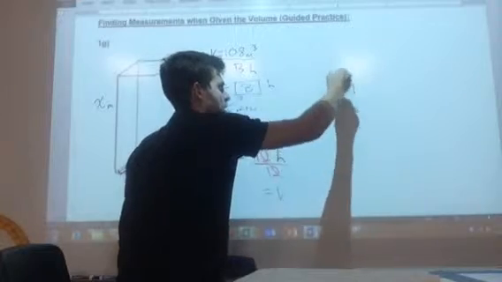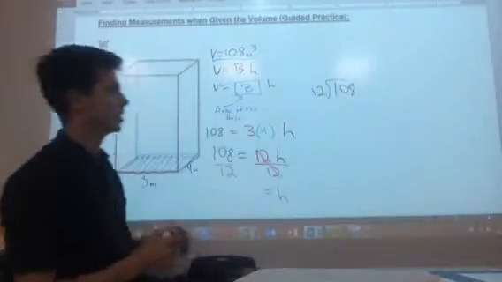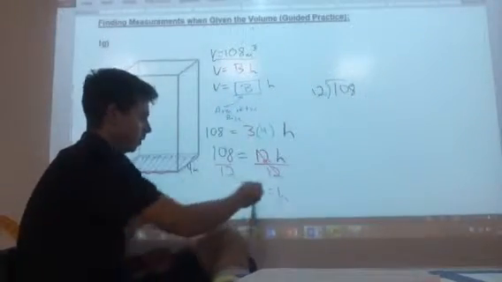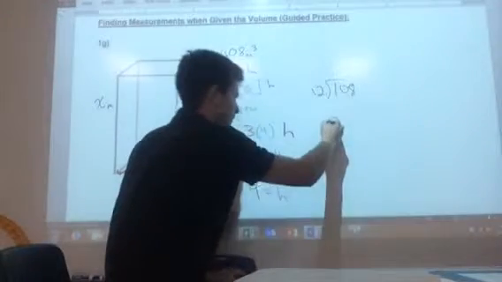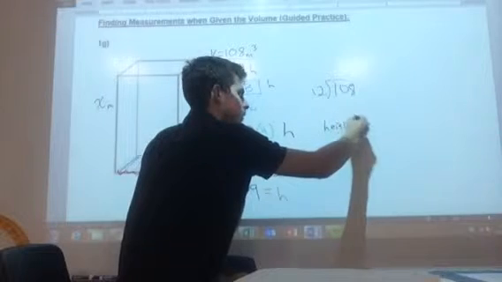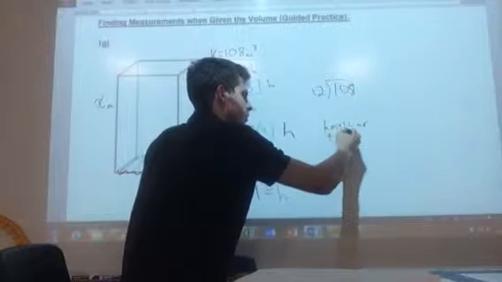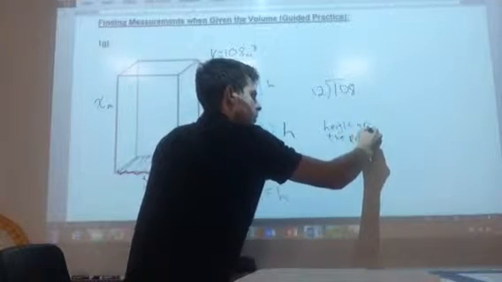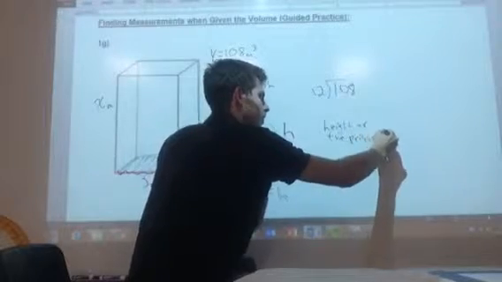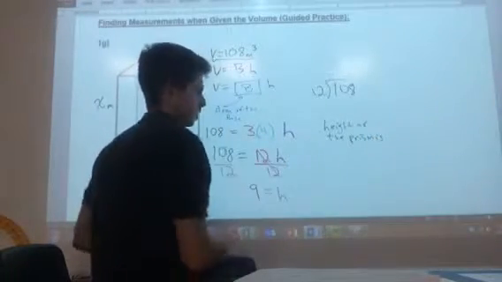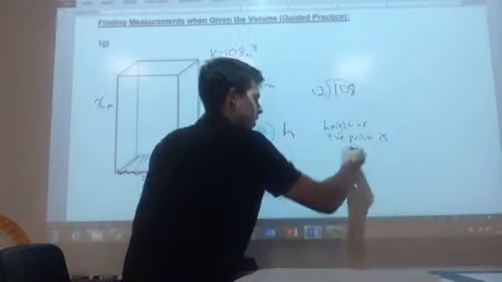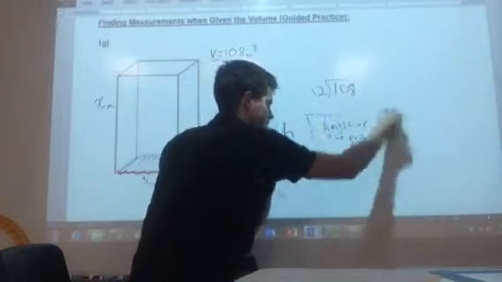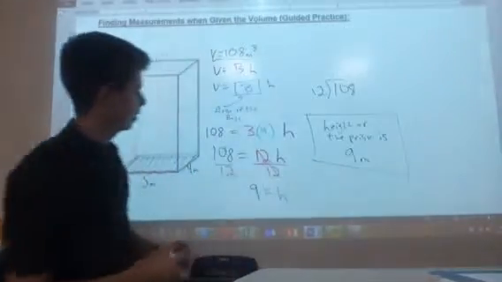108 divided by 12. Well, I guess long division isn't going to help me. I just need to know it. It's going to equal 9. So the height of the prism is 9 meters.